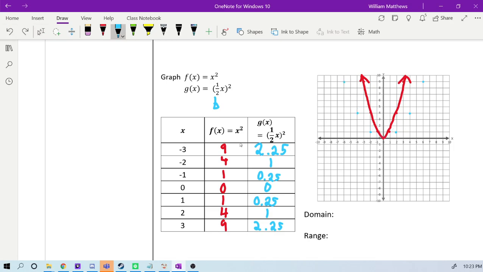Let's see here. There we go. That's about the best it's going to get.